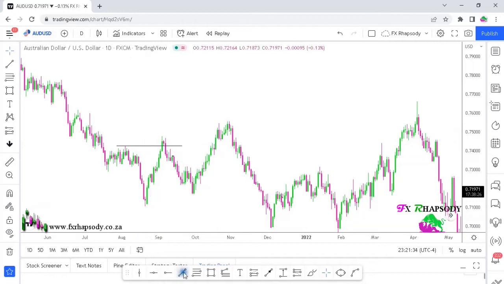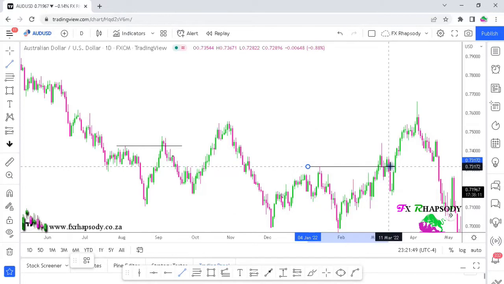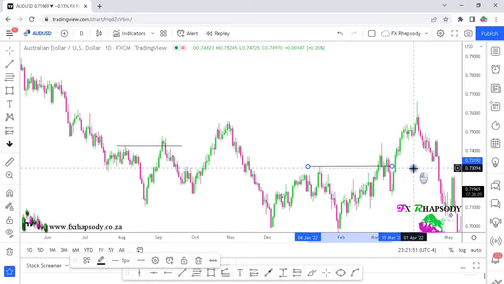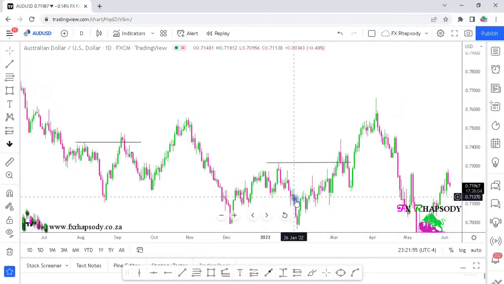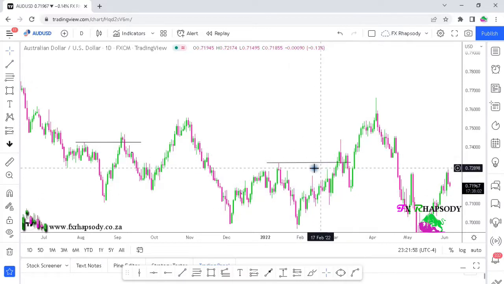And then you will find that price just keeps hunting it. I mean, price goes up and goes down, it goes up, goes down, it goes up, hunts liquidity over here. You see what I'm saying? Before it goes down again. So every time before there's a big downwards movement, price is going and hunting that liquidity.